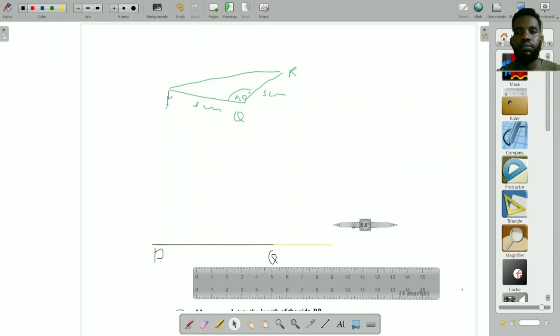Let me make this a bit smaller. Condense it. I'm going to move it to this point right here and make sure it's exactly at the point. Alright, good. Now I'm going to swing an arc, going up from down here.